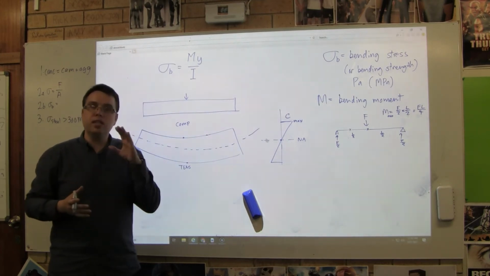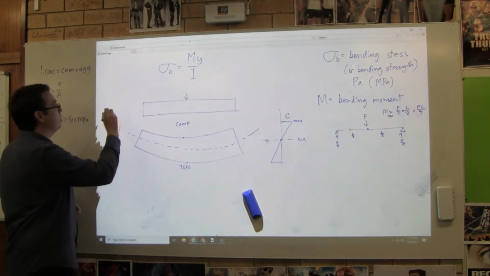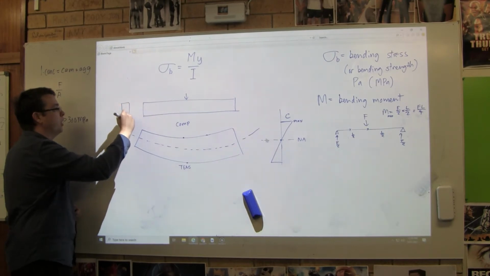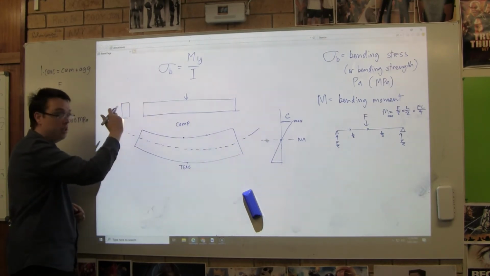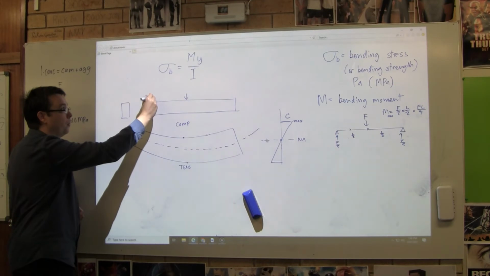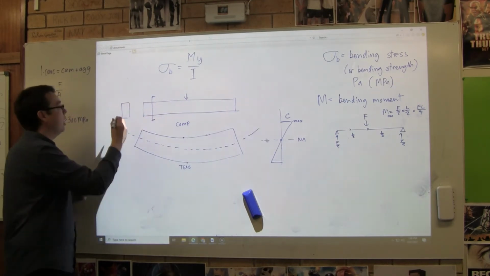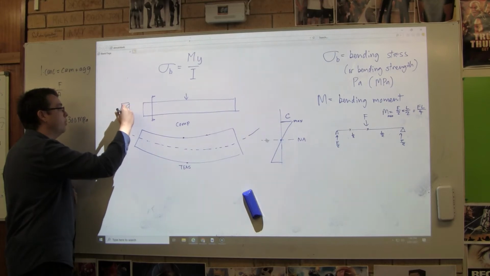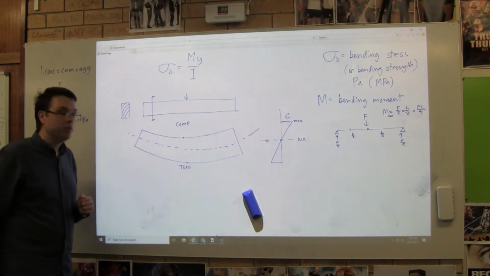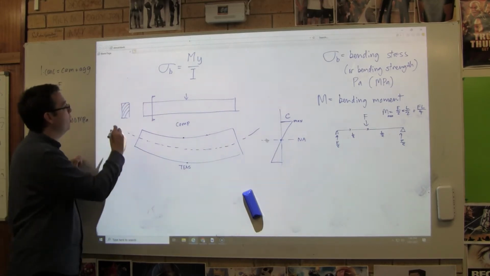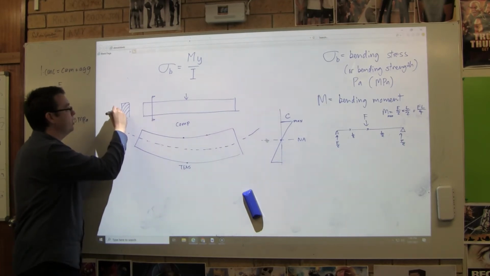And the bigger the depth of your beam, so if this is my beam looking sideways, that's looking in this section. I'm imagining looking at a cross-sectional area. If it was timber, it would probably look like that, with the grains of the timber. If I'm looking at that, we call this the breadth and we call this the depth.